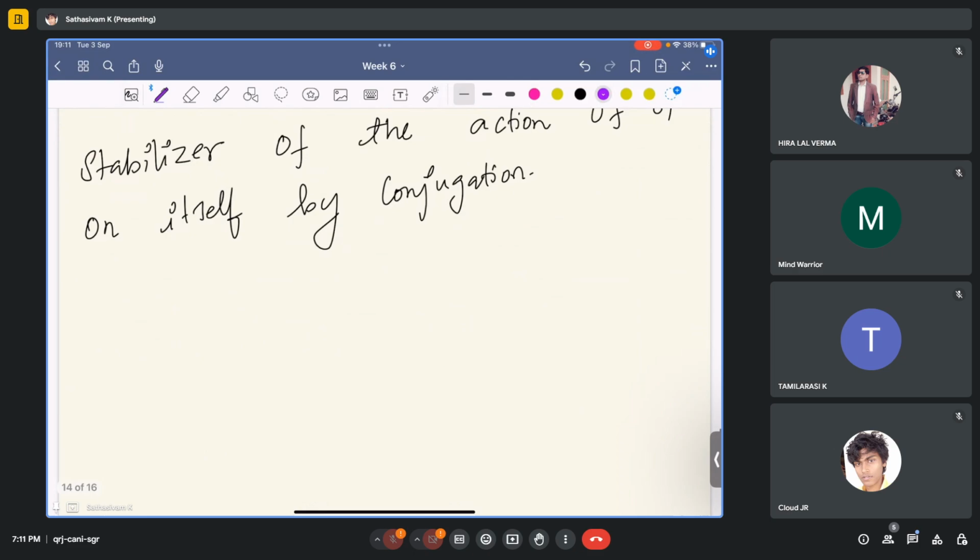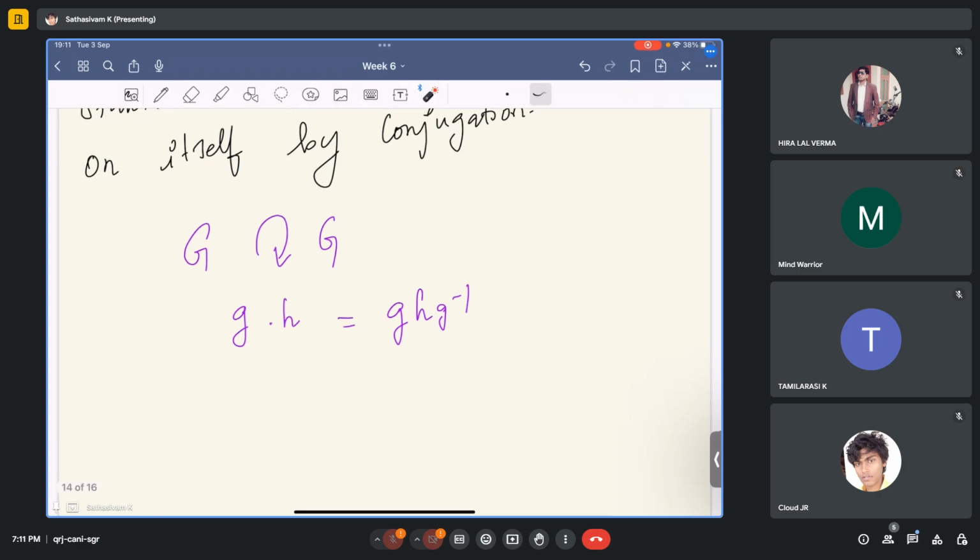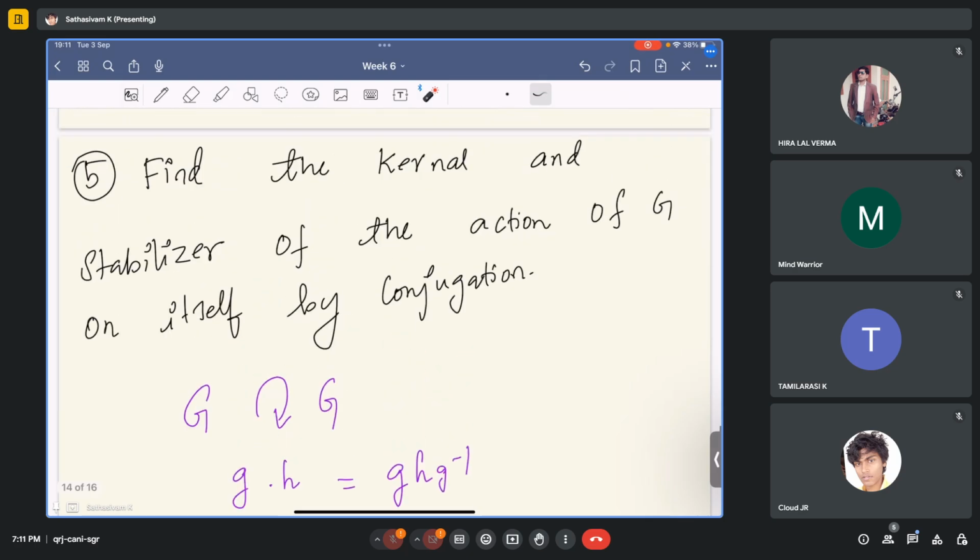So you have G and it acts on itself: you take a G, and G dot H is nothing but G H G inverse. See this as a set, and H belongs to this set, and G is the group element acting on it by conjugation. Our aim is to find the kernel and the stabilizer.